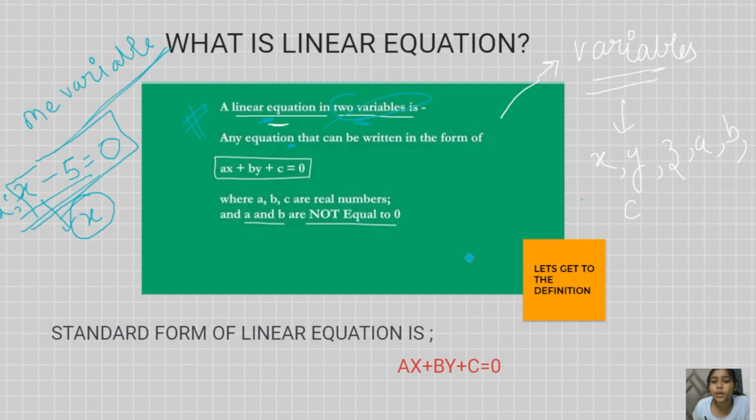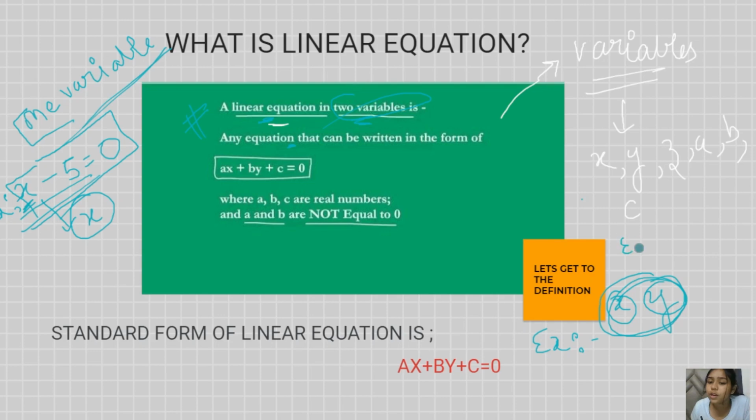Let's have an example of two variables. Let one variable be x and another variable be y. Basically, you just have to form a linear equation using both of them. For example, in this one variable linear equation we just used x, but in a linear equation in two variables we have to use both x as well as y.